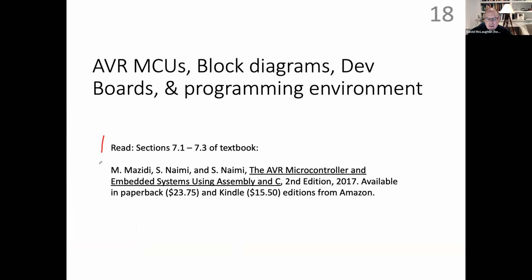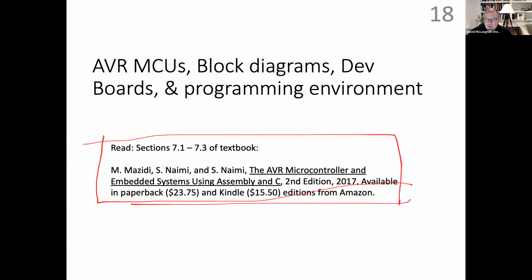programming environment. On day one of the class, I told you this is the textbook for the class, and you should read sections 7.1 through 7.3. Now, this book, you can get the Kindle edition if you're comfortable reading that for only $15 from Amazon, or you can get the paperback, whatever you're more comfortable with.